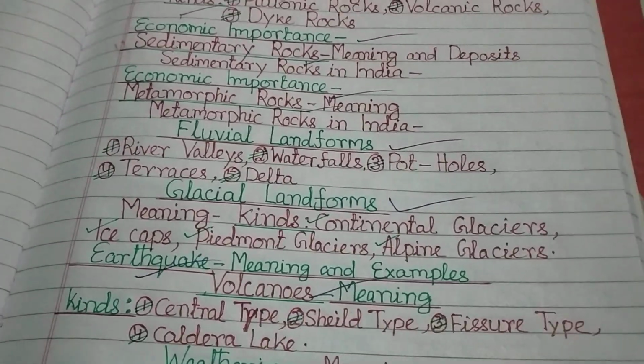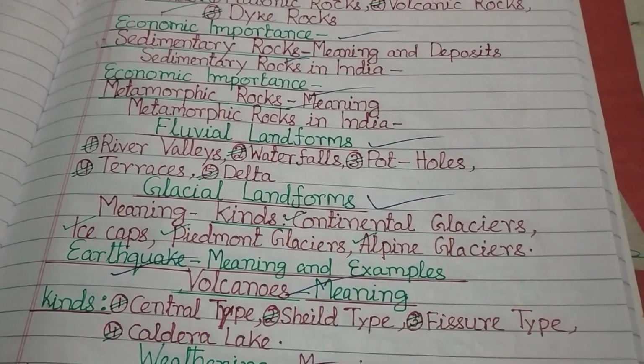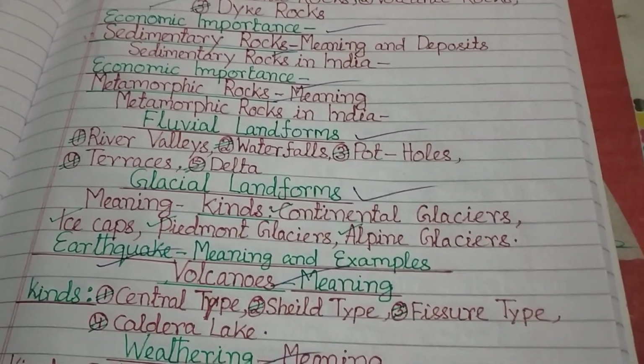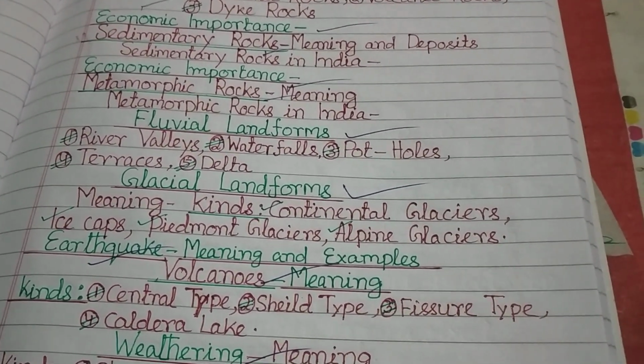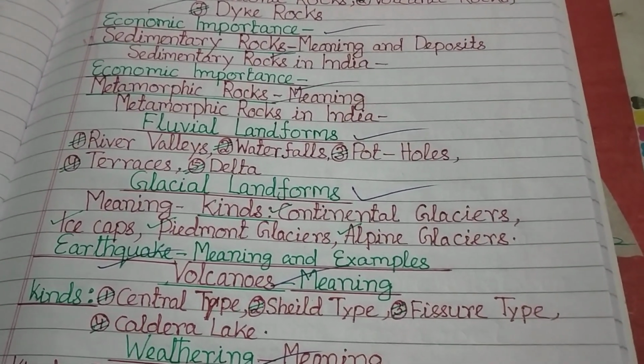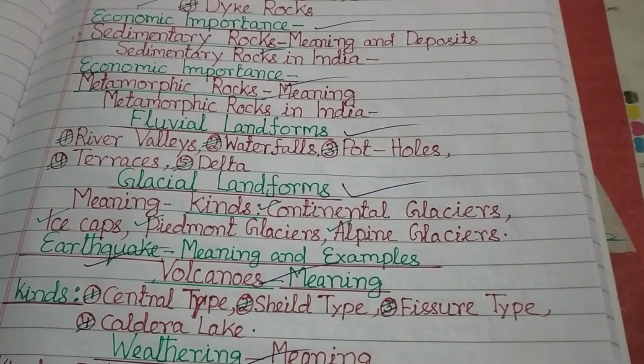So, now we'll discuss another important topic, and that is the economic importance of igneous rocks. Since magma is the chief source of metal ores, many of them are associated with igneous rocks.